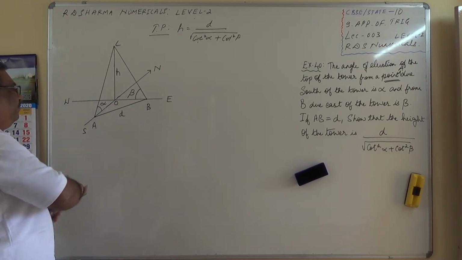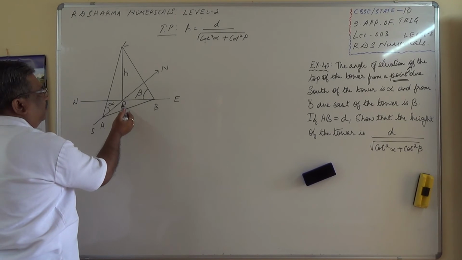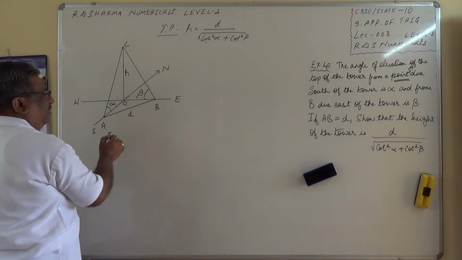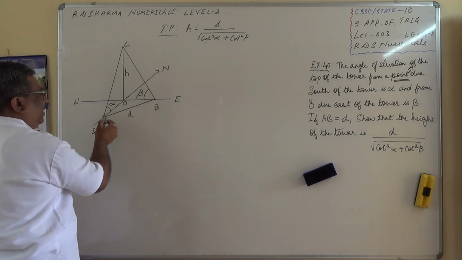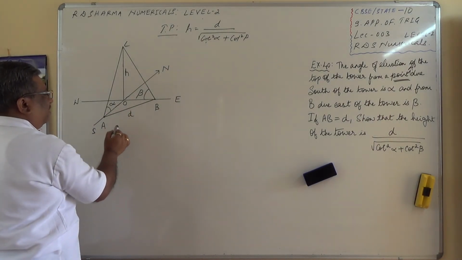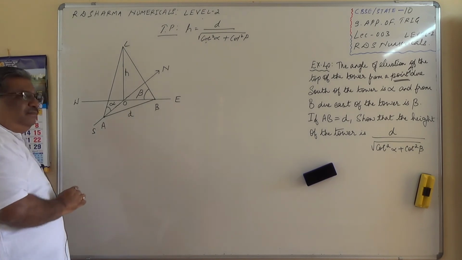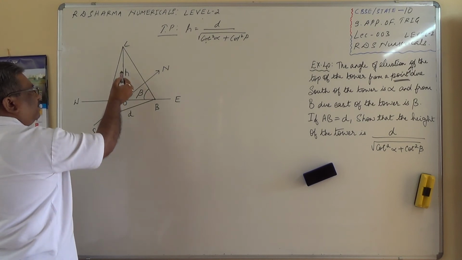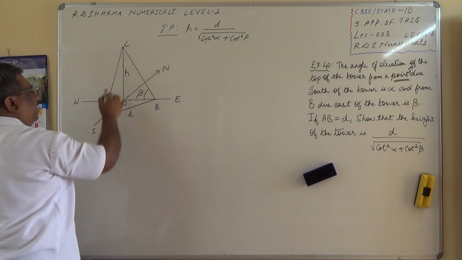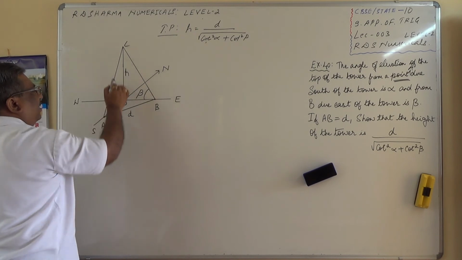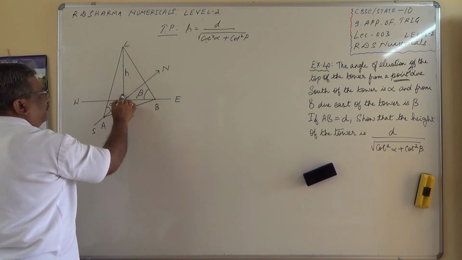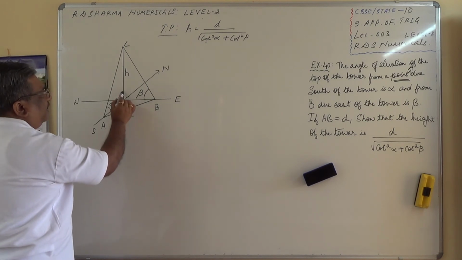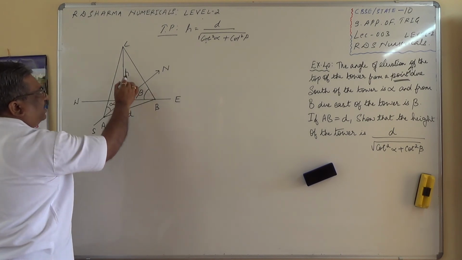Can we do one thing? Let us find out in triangle OAB, OA square plus OB square equals D square. Then let me express OA in terms of h and alpha considering right triangle AOC. This is a right triangle. Also let me express OB in terms of h and beta.